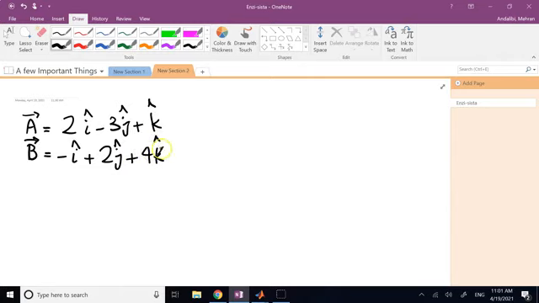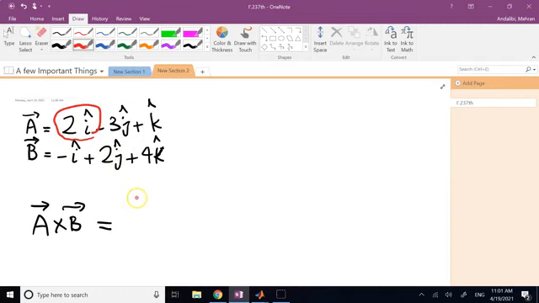Whenever you're doing the cross of these two vectors, let's say A cross B, many students do the cross product using the distributive property, correct? So first they cross this 2I with the whole vector B.